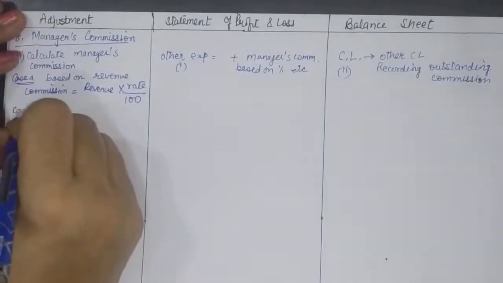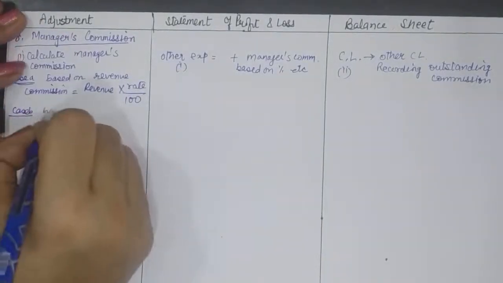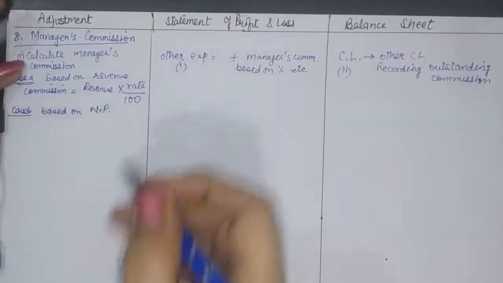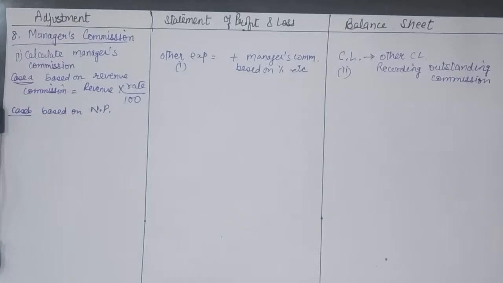Second case is when it is based on net profit. Now herein we have some complexity involved. Like when we talk about net profit, then which profit are we recording here, or which profit is to be taken up?